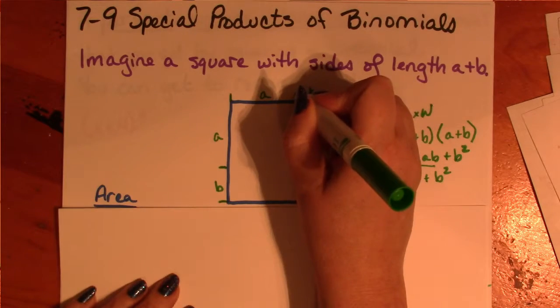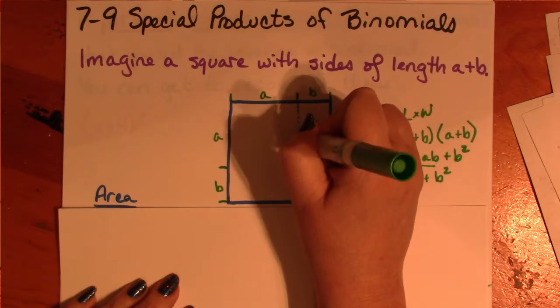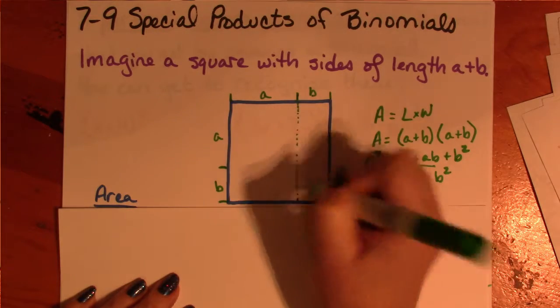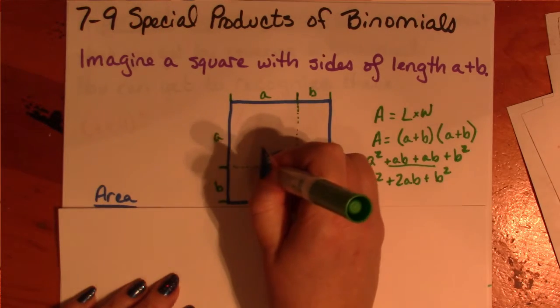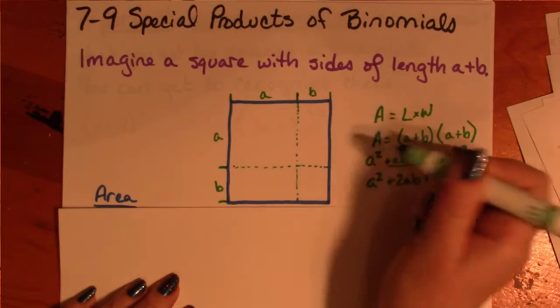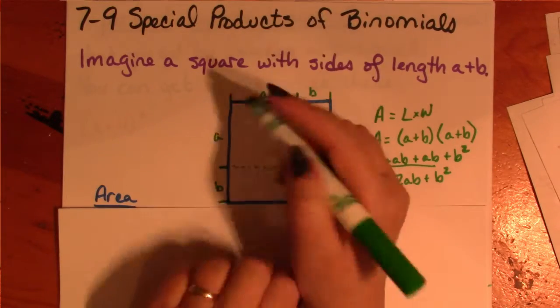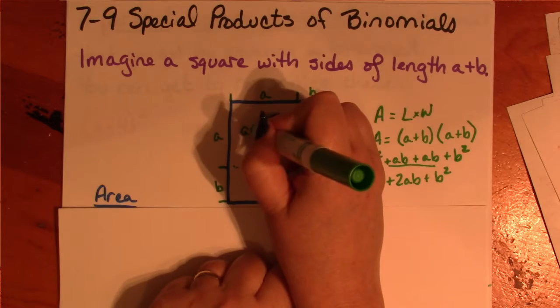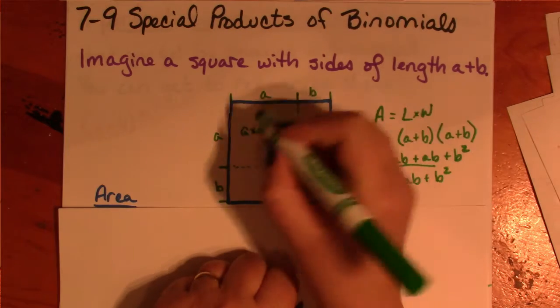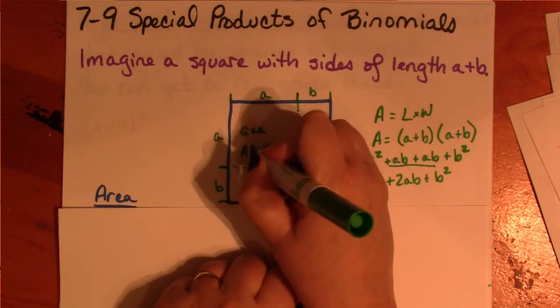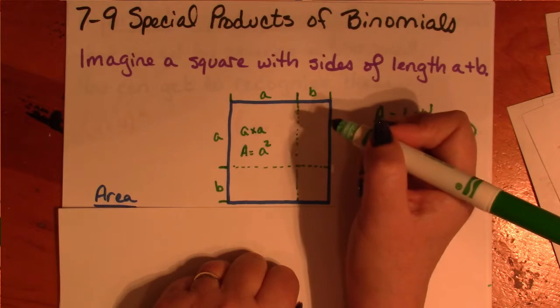If we say that this is how big A is all the way down, and this is how big A is all the way across, then just this little square here, this is an A by A square, and its area is A squared.